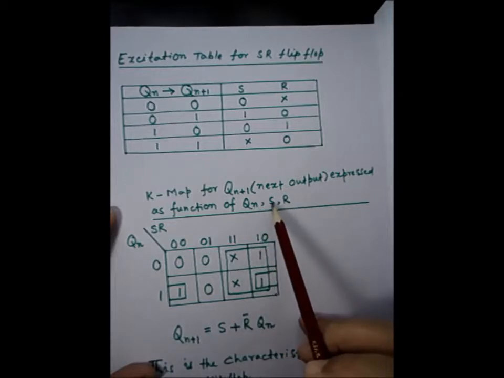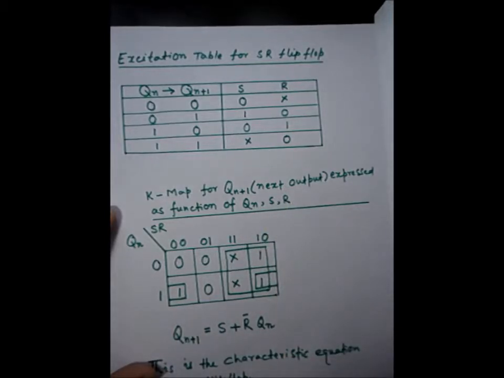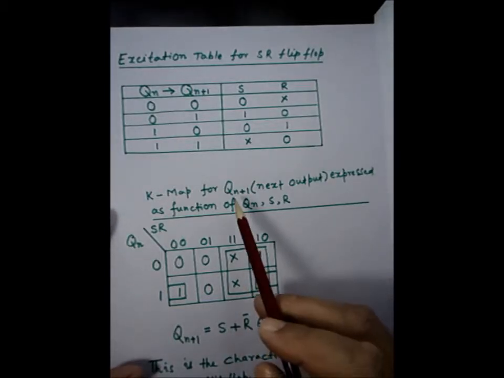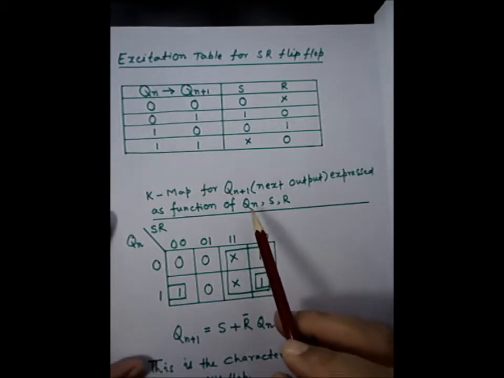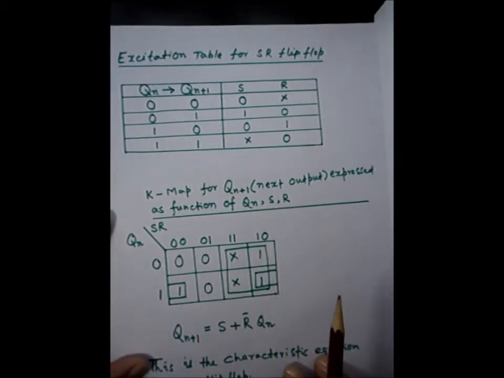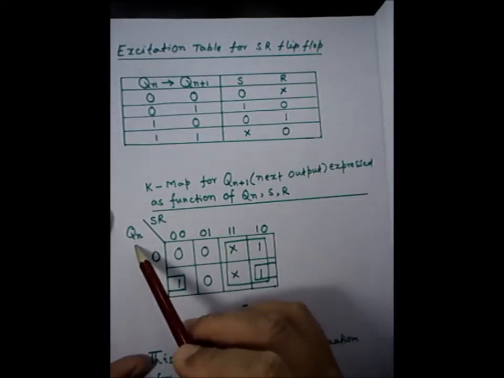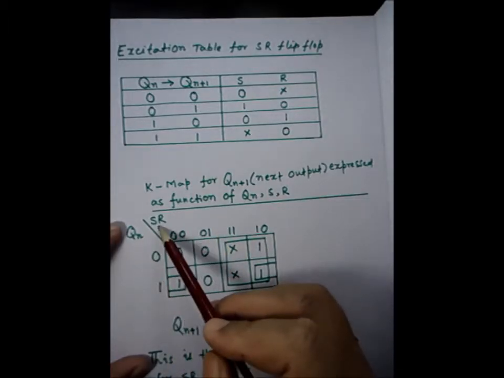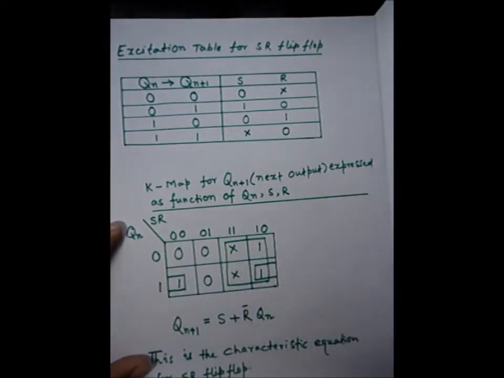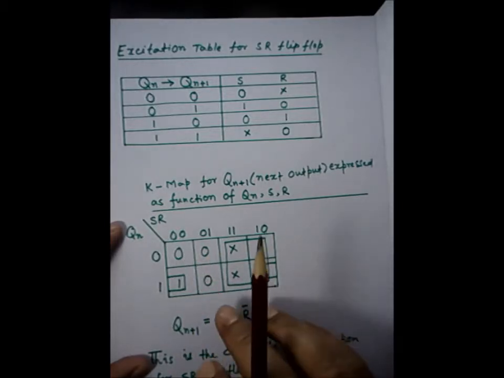We express Qn plus 1 in terms of Qn, S and R. Therefore, we want to prepare a K-map on that, with Qn the most significant, then S, R. The truth table should be prepared a bit delicately.